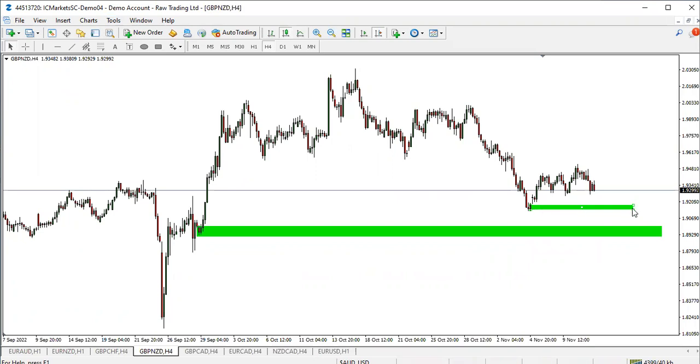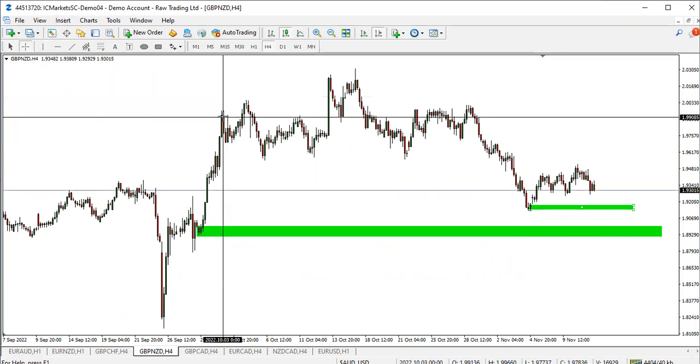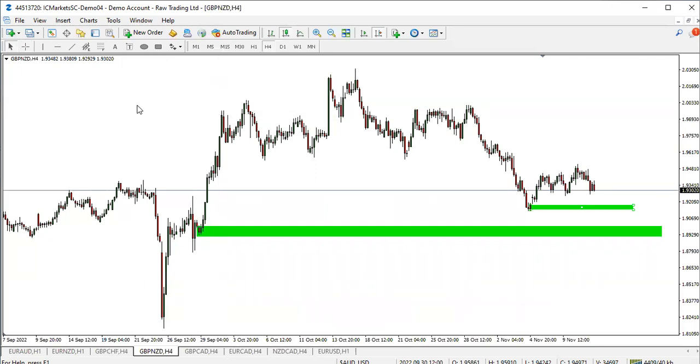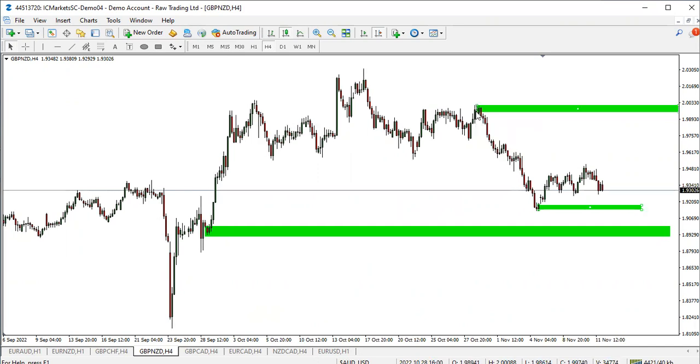If it comes around here too and gives a valid sell pattern on the 15 minutes, that's also a valid sell.